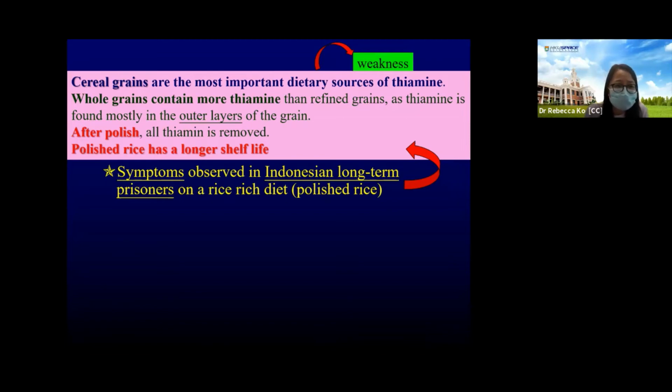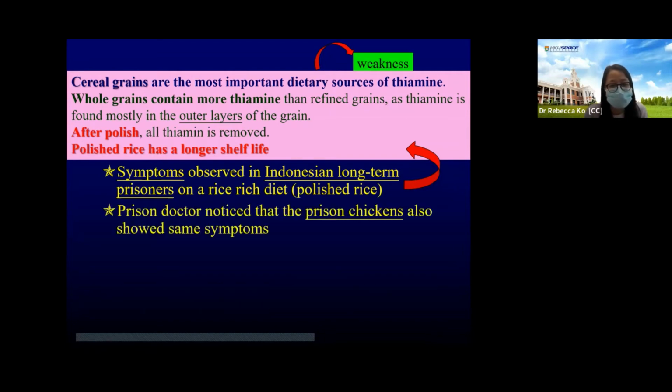Why do we need to do that? Because polished rice has a longer shelf life. We can keep it for a longer time, and so that's why usually the prisoners were given polished rice. But not just the prisoners.